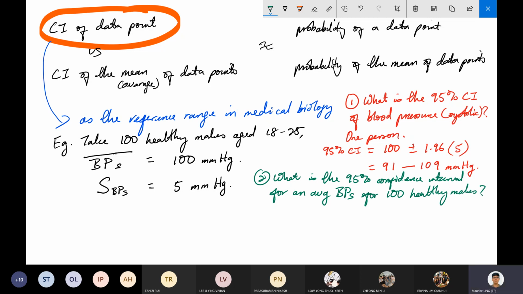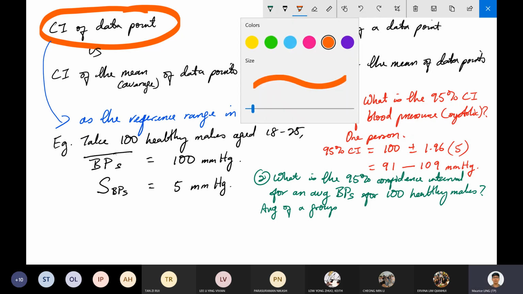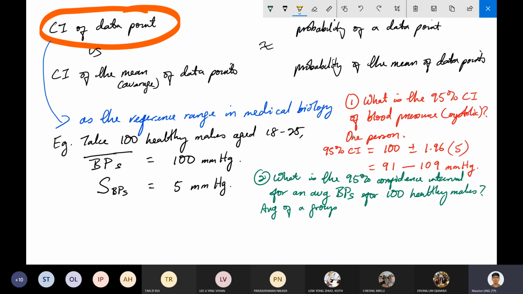In this case, you are looking at the average of a group. This, you are talking about one person. This, you are talking about the average of a group.